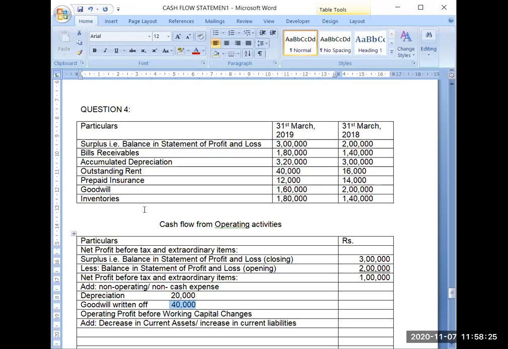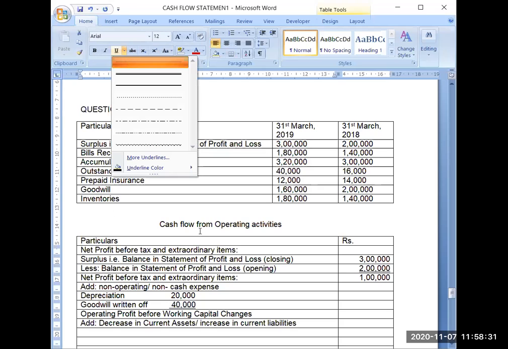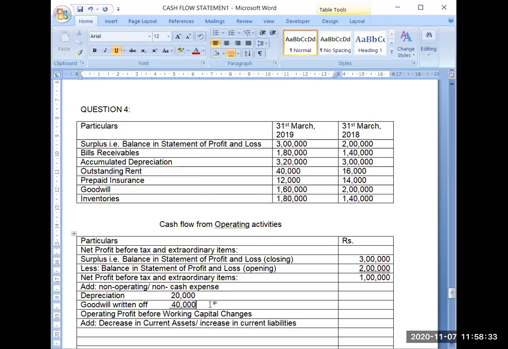Then inventories are there. These are current assets. So we will do these adjustments in the third step only, not in the second step. Current assets and current liabilities will be considered in the third step. Right now we are concerned only about operating, non-operating expenses and non-cash expenses and non-operating incomes. So I have to add 60,000.